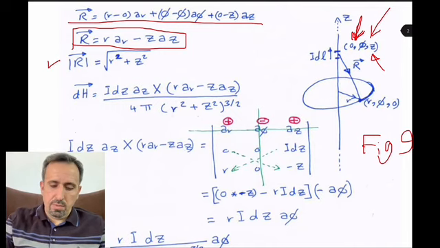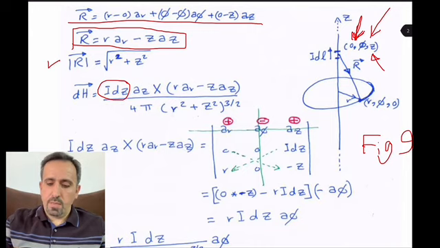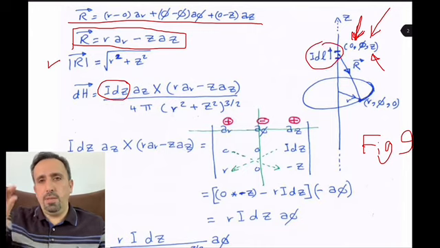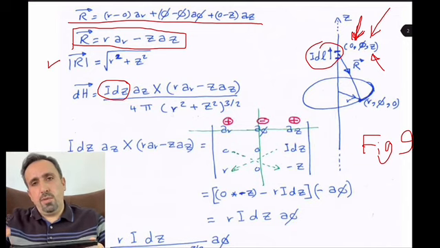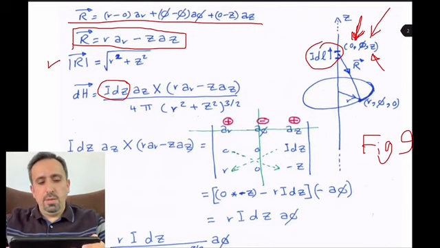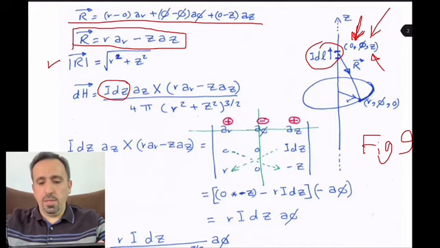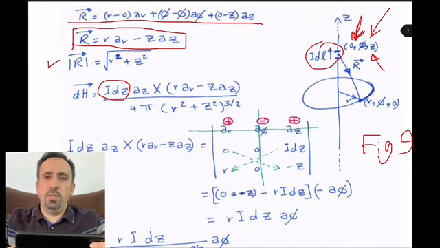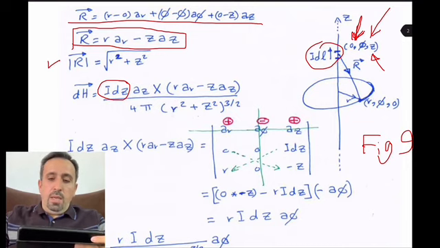How do you conclude that I dL is equal to I dz? Because if you take a piece of that wire on the z-axis, then I dL will be equal to I multiplied by dz, not dx, not dy, but dz, because it is lying on the z-axis.